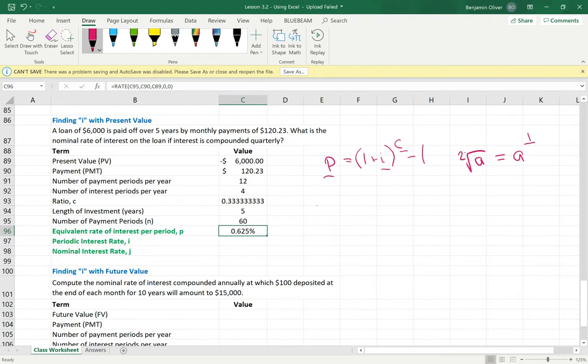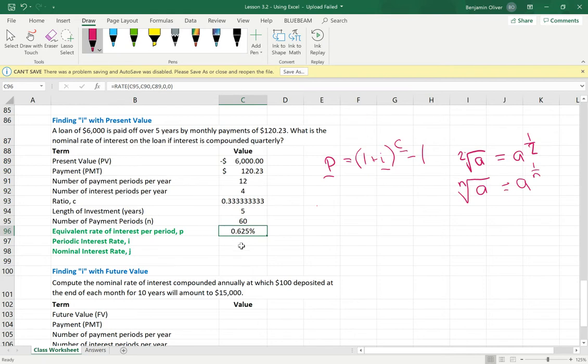If it's a square root, that means it's order 2. So it's equal to A, whatever's under the square root sign, to the exponent 1 divided by 2. In a general example, we'd have the nth root of A, that's equal to A to the exponent 1 over n.